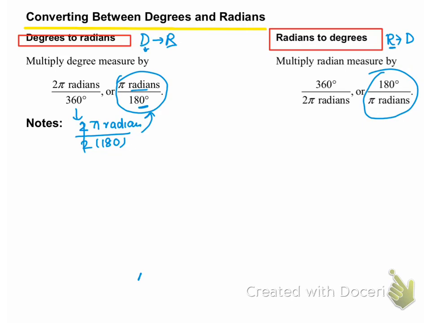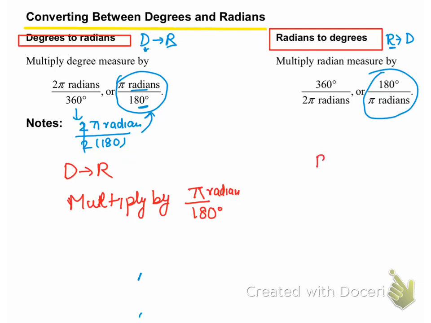So keep in mind, again, let me write it. For degree to radian, I told you the degree is supposed to be on the bottom, so it's going to be 180 degrees on the bottom and pi radians on top.